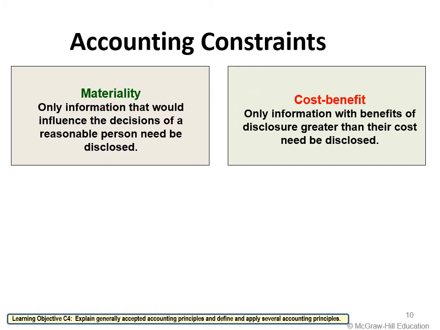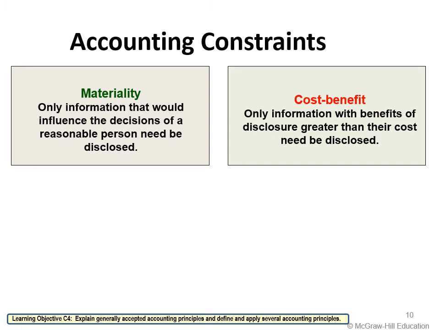Cost benefit. As it relates to information and its reporting, only information where the cost to assemble and report on it does not exceed its benefit is going to be assembled and reported on.